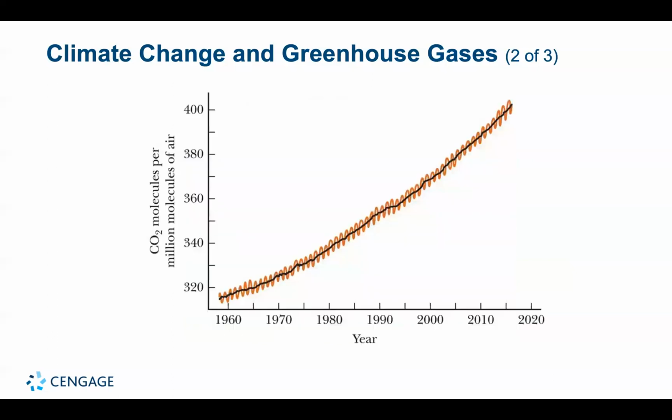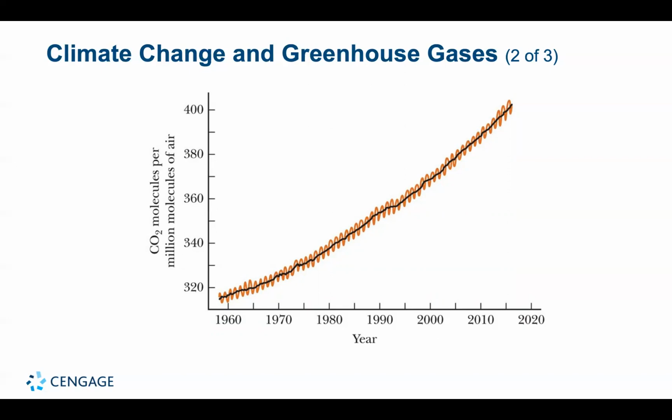So in this figure, we're looking at the concentration of atmospheric carbon dioxide in parts per million of dry air as a function of time during the latter part of the 20th century. These data were recorded at Mauna Loa Observatory in Hawaii.